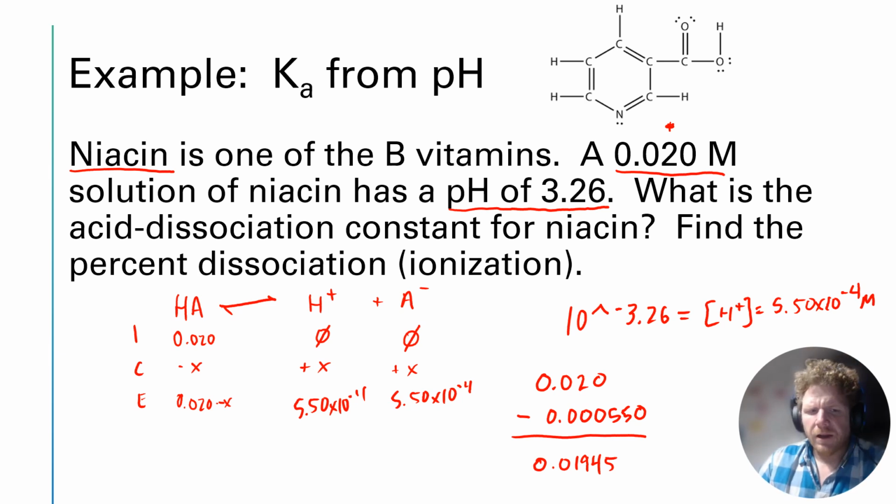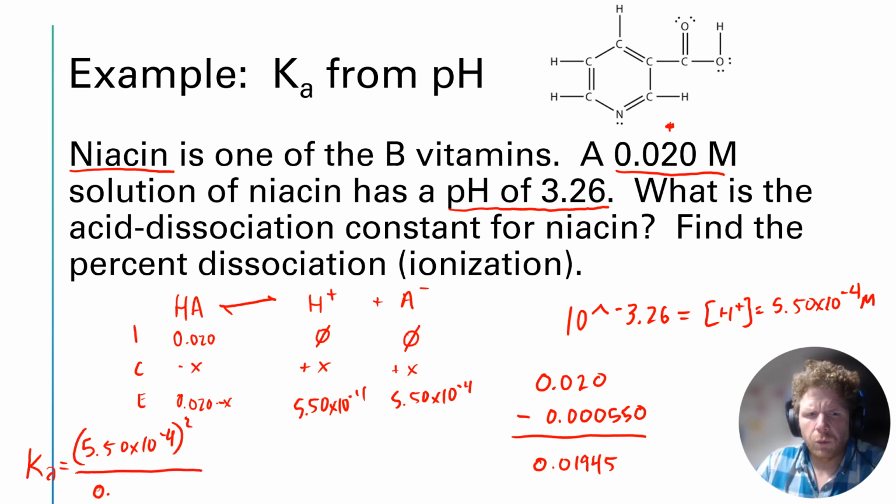Now I want to find out what my Ka is, so I can say Ka is equal to 5.50 times 10 to the negative fourth, squared, divided by 0.01945. Okay, so there's a little bit of work left to do in this.